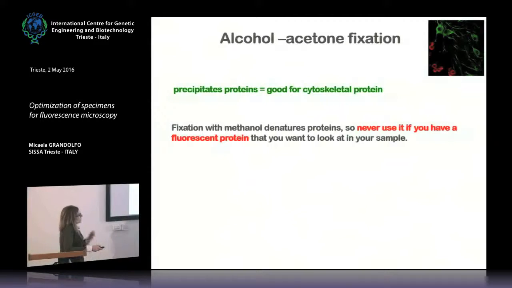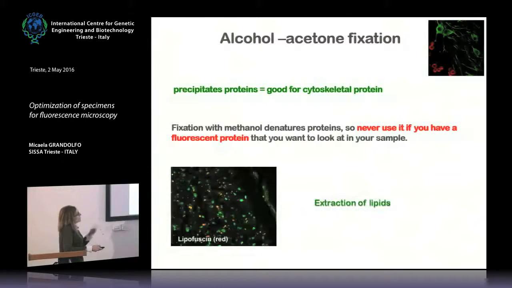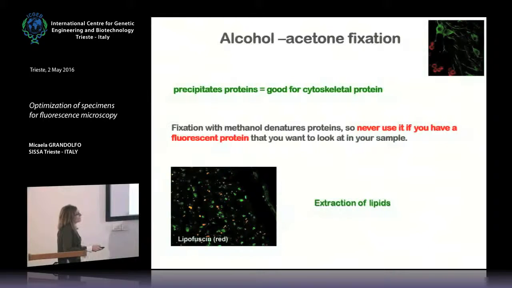So be careful. On the contrary, this type of fixation could be very useful if you have lipofuscin in your sample. Lipofuscin is a breakdown product of red blood cells. You can find lipofuscin in muscle cells, cardiac cells, glial cells, neurons, especially in old animals, for example.